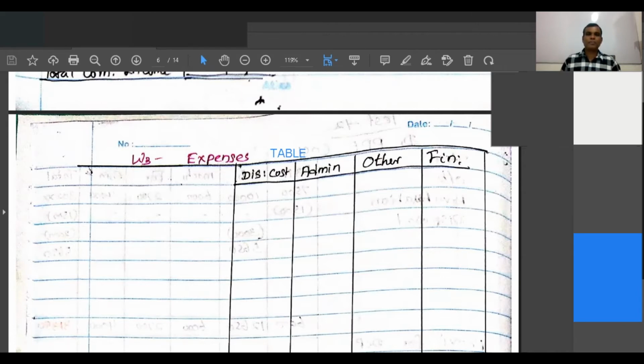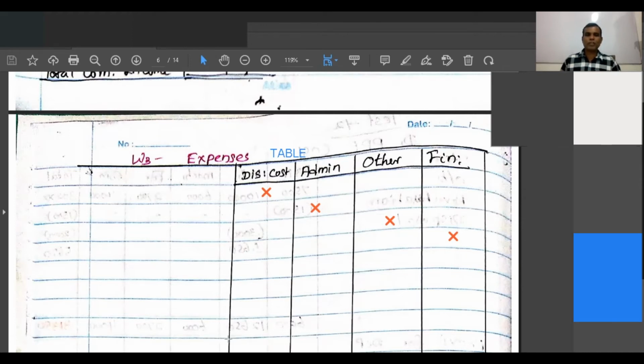If it is related to administration, it should be recorded under administration. If the item is related to other expense, it should be recorded here. If the item is related to financial expense, it should be recorded here. And then in the end, you are getting the total.